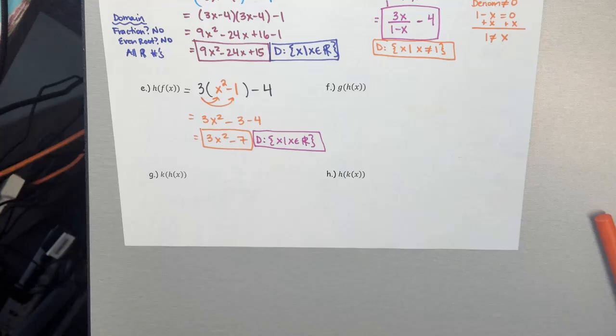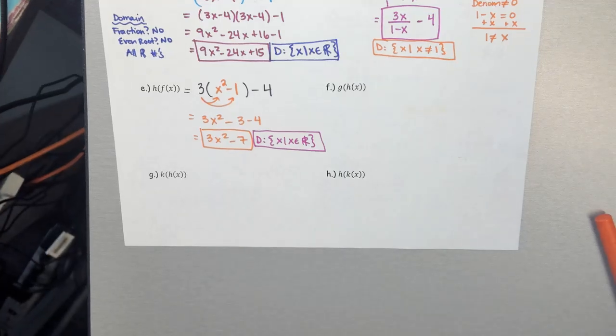And then for f of g of x, g is on the outside. So see if you can write your function g of x without the x's in there. The good thing to do is to write in those parentheses any place you have an x, so you know where to substitute and you know where to distribute.